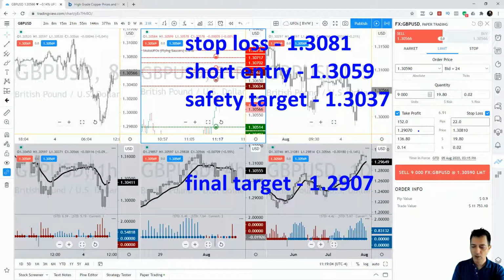Okay, good. So number one, the target for all times high. When a market is making all times high or all times low, the rule that we use is just to trail stop and not to use a final target. So you use your safety target to get rid of risk, and then you just trail stop and follow price to see how far it goes. Normally, it's worth it to do it like that because when you have an event such as making all times high, normally you have a very intense push in that direction.